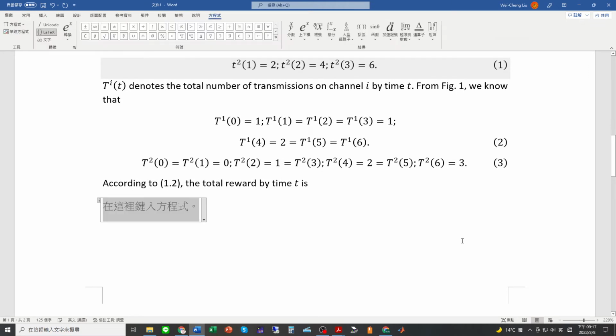R of t is equal to the summation, i is equal to 1 to k, and summation n is equal to 1 to Ti of t.